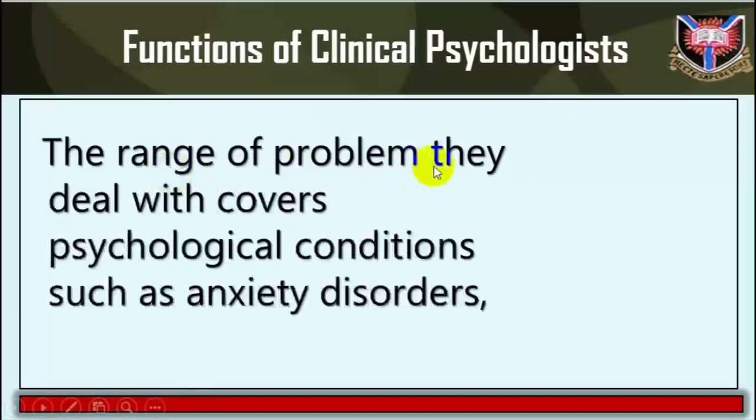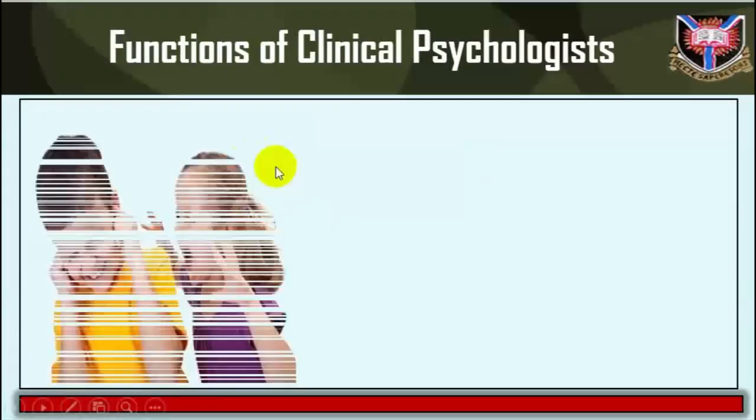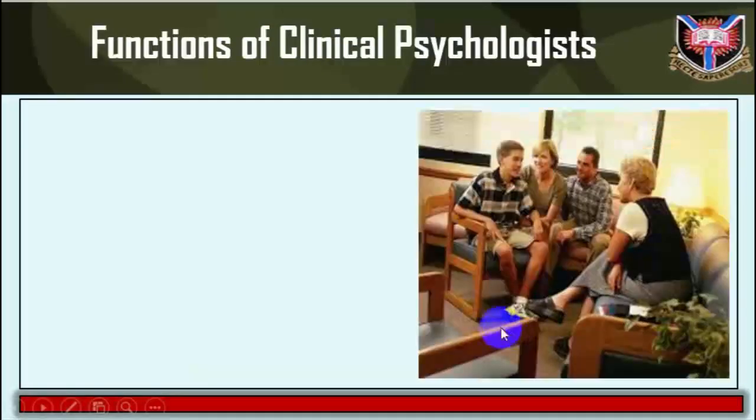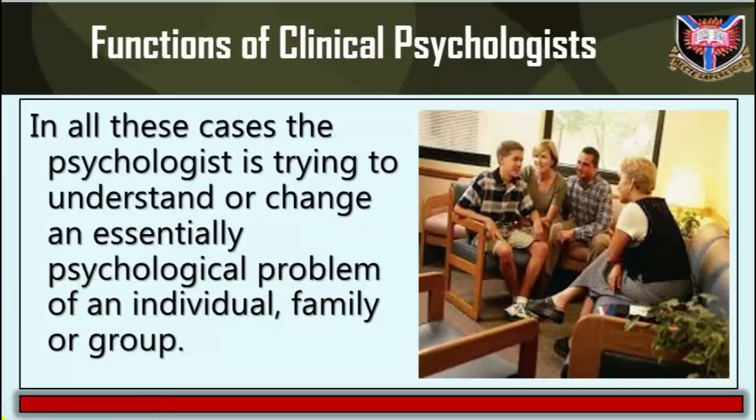The range of problems they deal with covers psychological conditions such as anxiety disorders, problems of disturbed and disruptive behavior, everyday challenges and disorders of mental processes, among others. In all these cases, the psychologist is trying to understand or change an essentially psychological problem of an individual, family, or group.